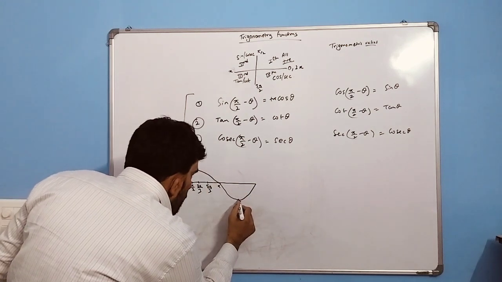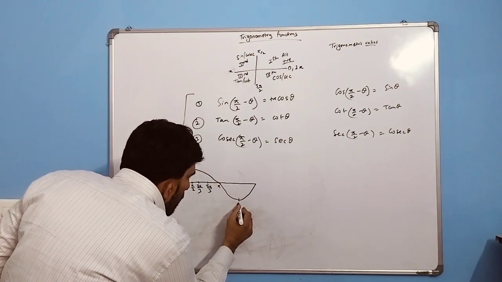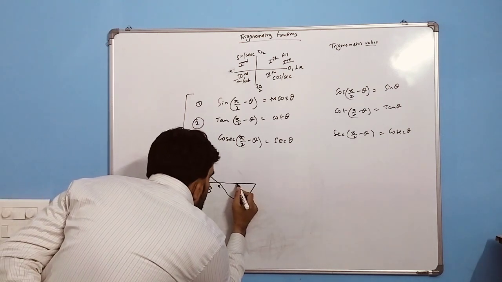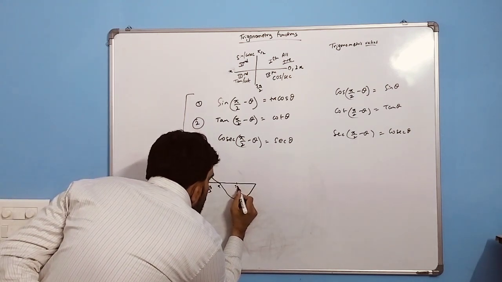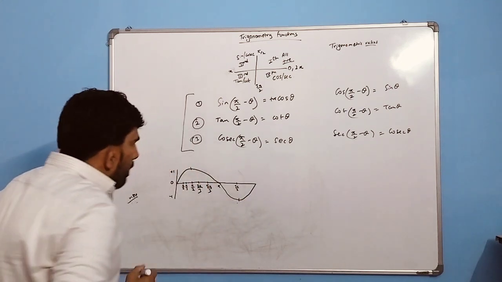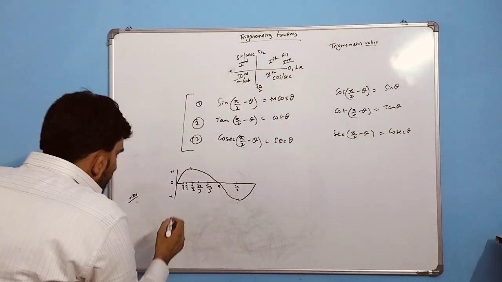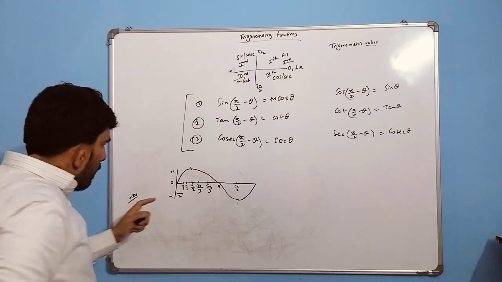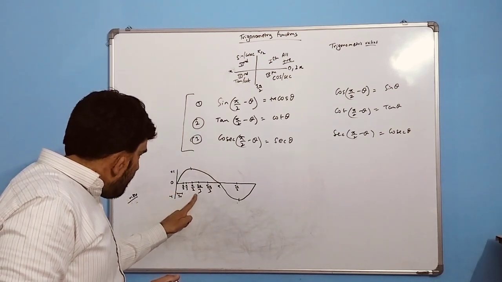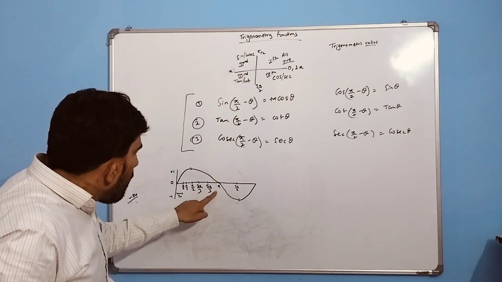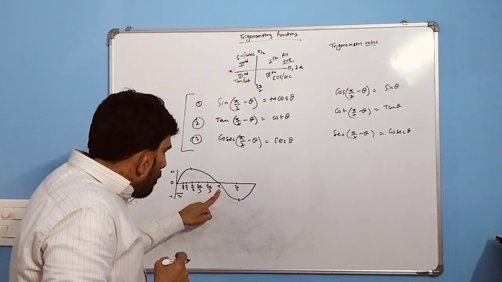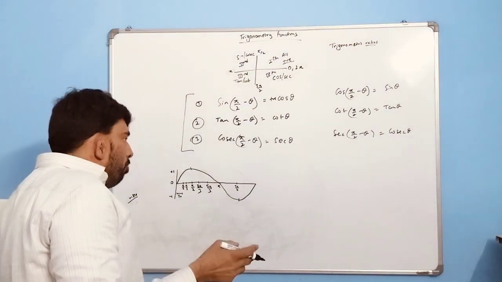Here I got the minimum value, that is minus 1, at 3 pi by 2, that is 270. I am just taking a gap of 30 degrees: 30, 60, 90, 120, 150, 180. From 180 I will go to further values.